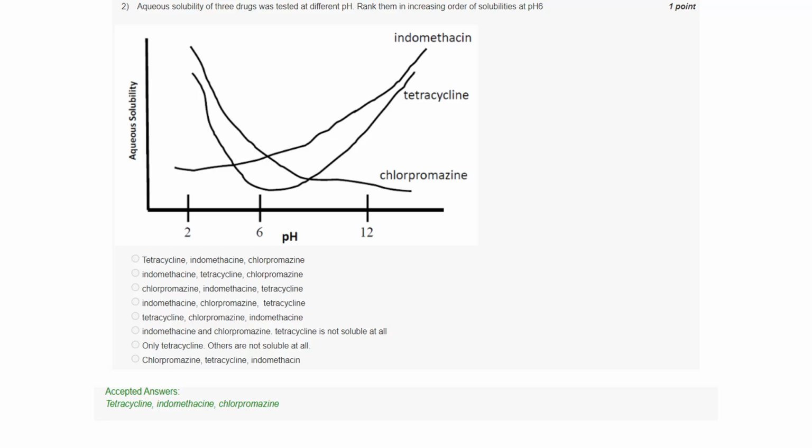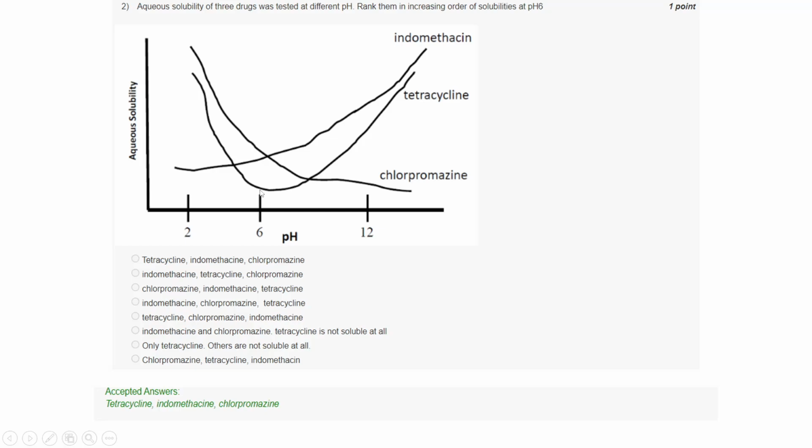Yes, ma'am. I didn't understand how we can rank the solubility. Oh, okay. This is just a straightforward question. You don't have to calculate anything just because it's a graph. They've asked us the increasing order of solubilities.